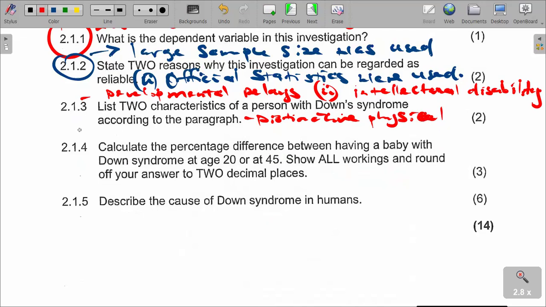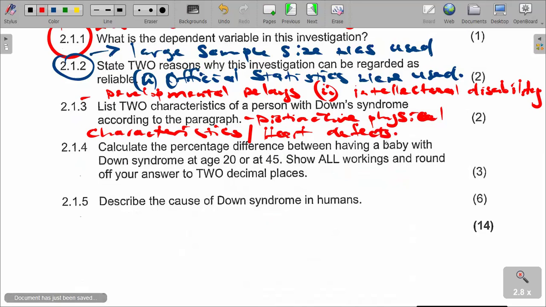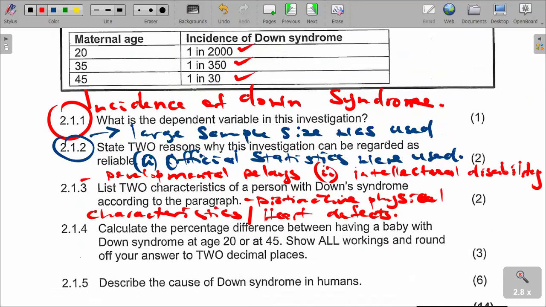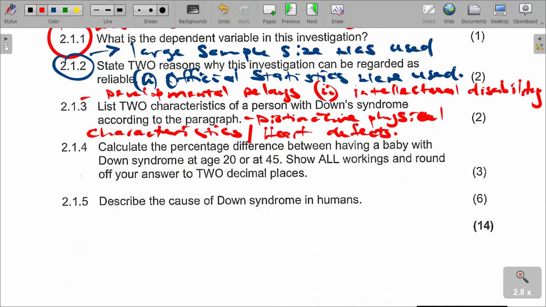Distinctive physical characteristics are also part of these characteristics that we are supposed to talk about. And then even learning difficulties, heart defects, they are listed in this. They are given in the context, in our paragraph or infographic that is available there.